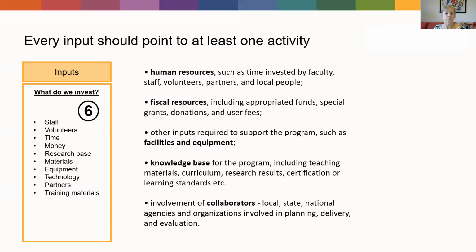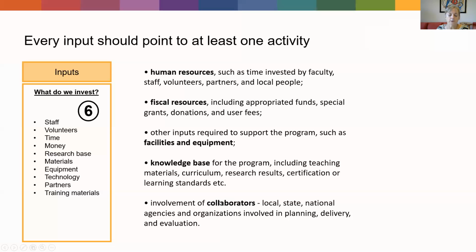This is something that people may not think about necessarily as inputs, but if you need teaching materials, curriculum, research results, certification, or learning standards, that's really trainings, things like that. And then involvement of collaborators, which is really important to understand, especially when we're thinking about the setting, the situation statement, who's collaborating with us.